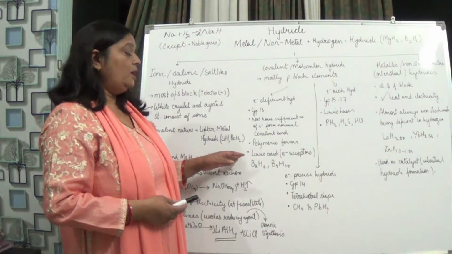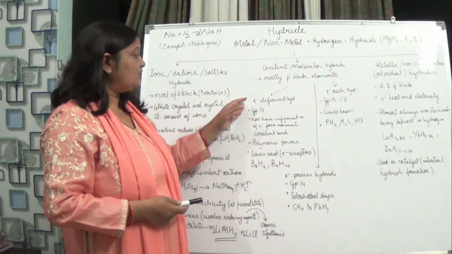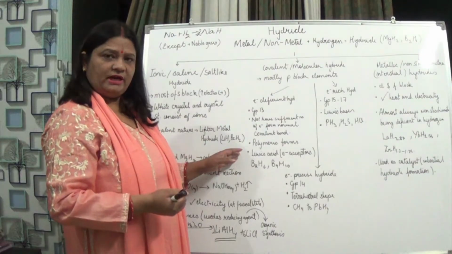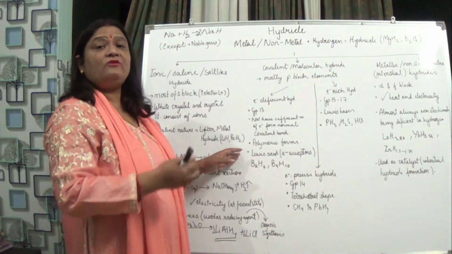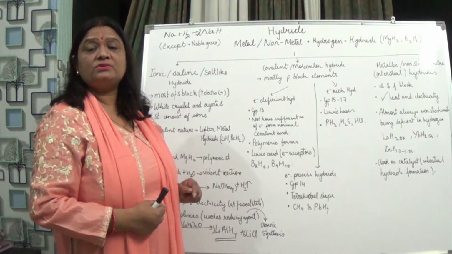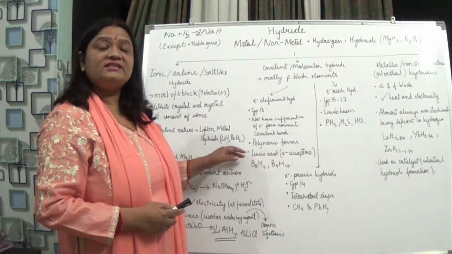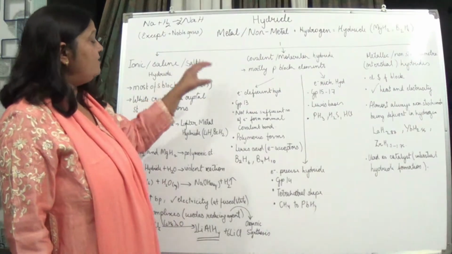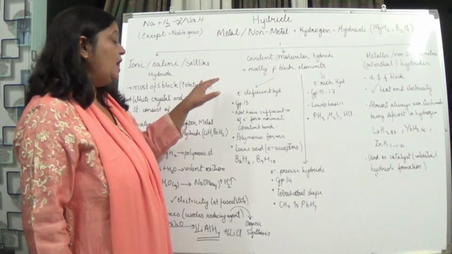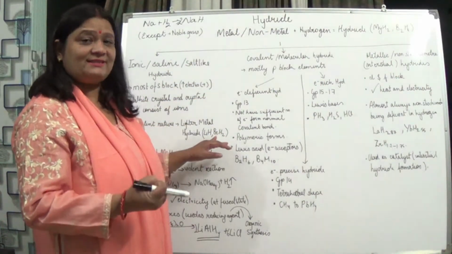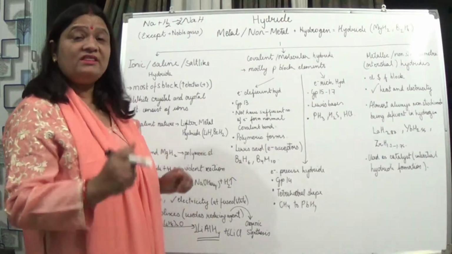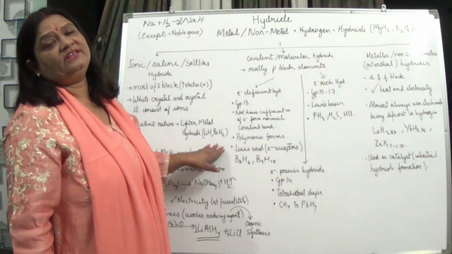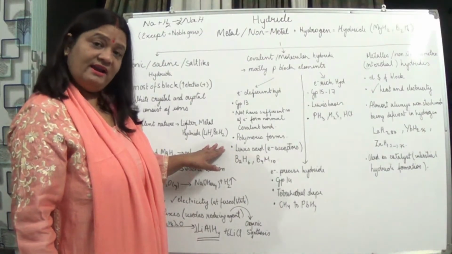As they are electron deficient in nature, they will try to accept electrons, and when they are accepting the electrons, they act as Lewis acids.